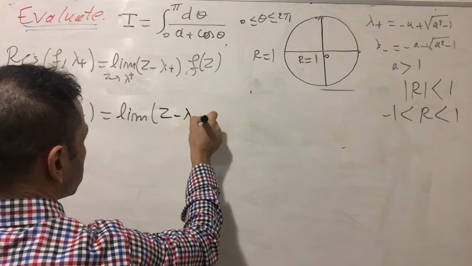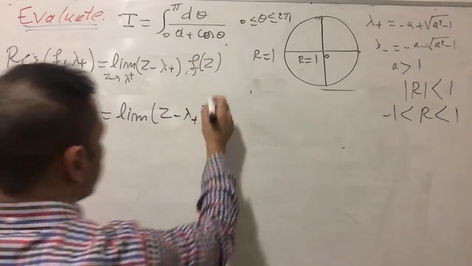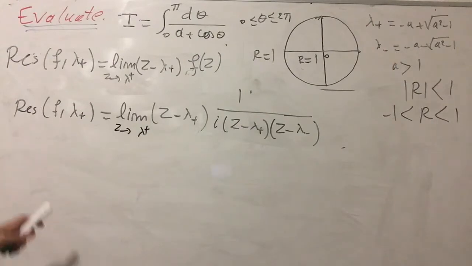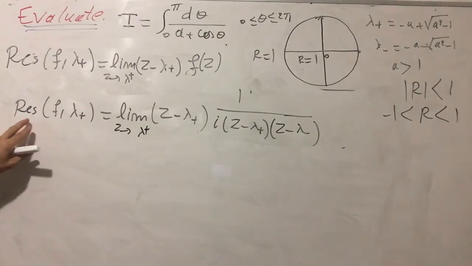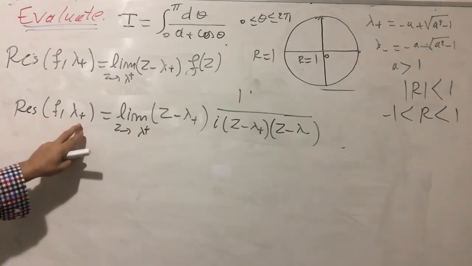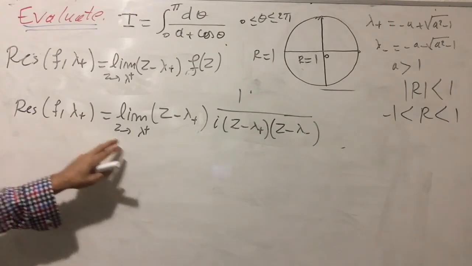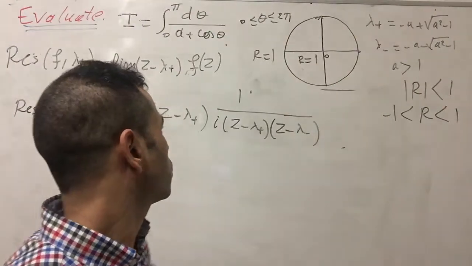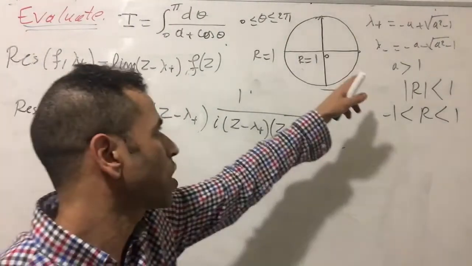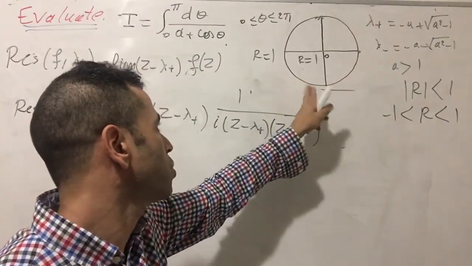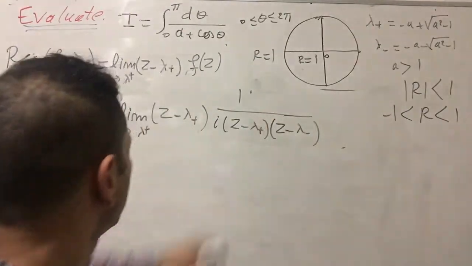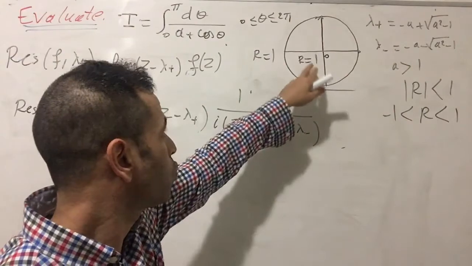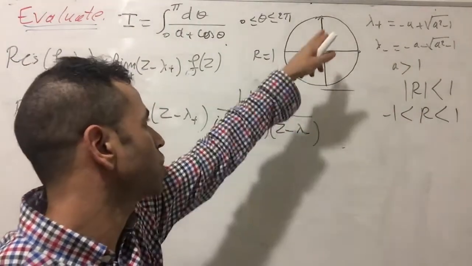So what I did here is calculate the residue of f for the pole lambda plus, because it is the only pole inside this unit circle. The other pole, which is lambda minus, is outside of this one, so it's not included here.